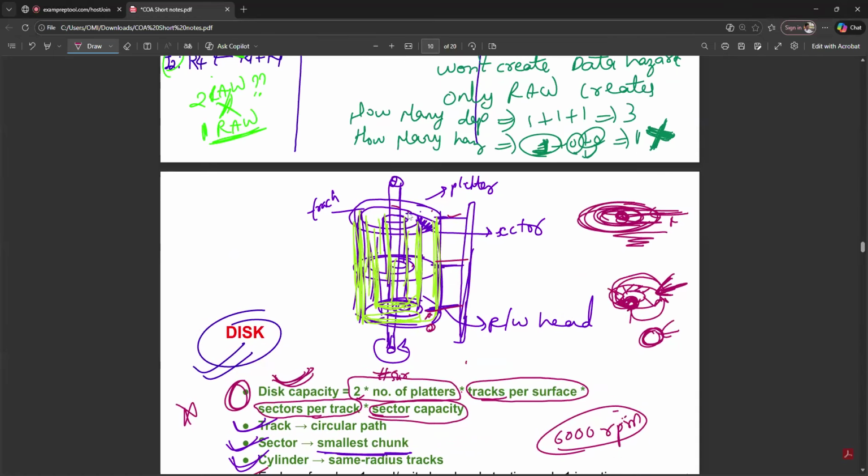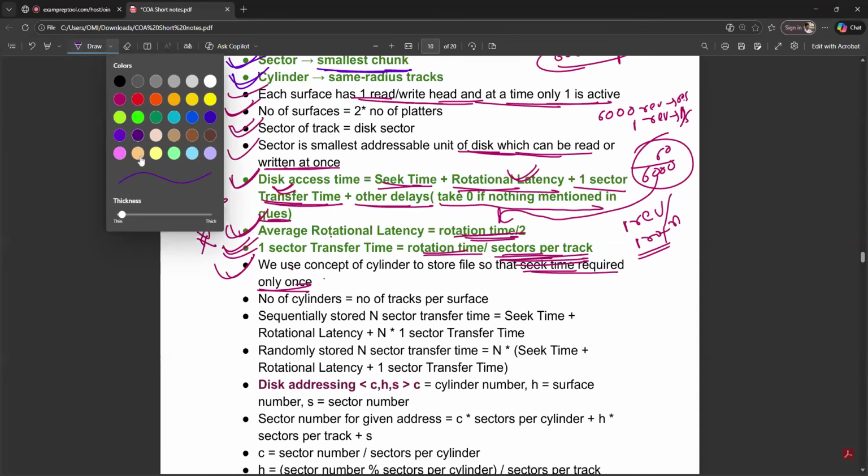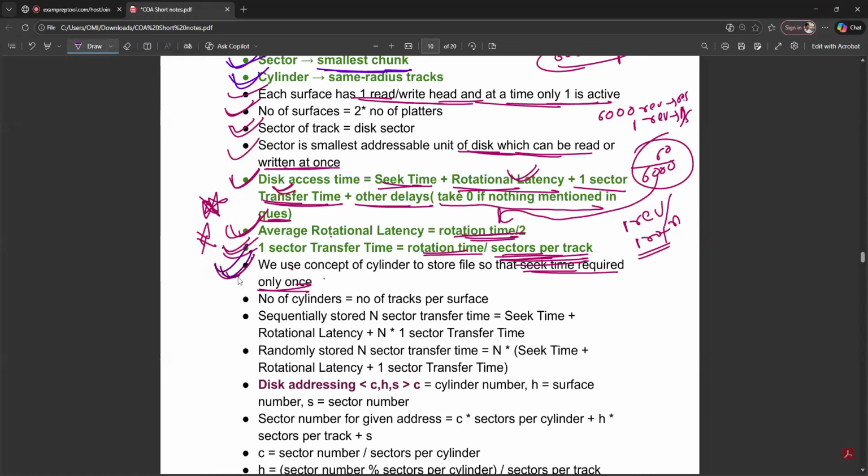Once your read head is under this particular cylinder, on this particular track, you can get this information, because a cylinder contains tracks of the same radius. We use the concept of cylinder to store the file so that seek time is required only once.